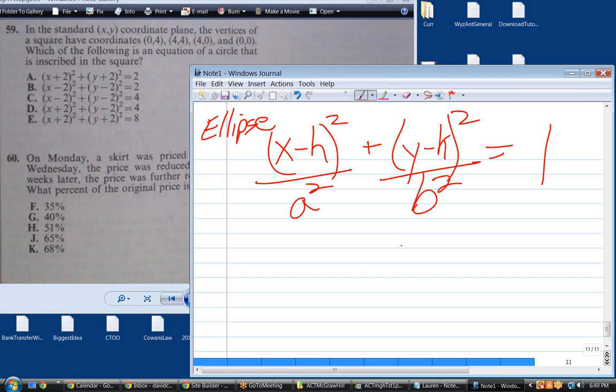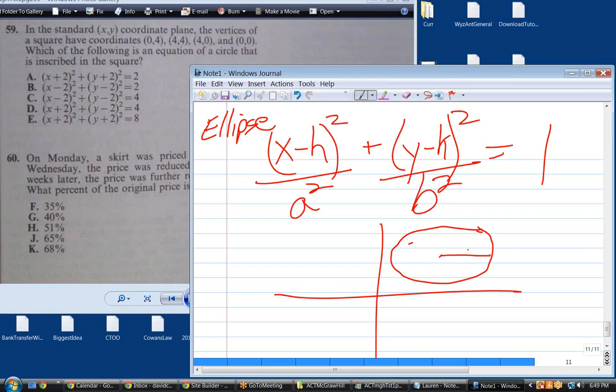Now, what are A and B? First of all, H and K are the center of the ellipse. So if I had an ellipse like this, and that was 2, 2, then H would be 2 and K would be 2. What is A? A is the long radius. B is the short radius, even though they're not called radiuses. That's what I call them. You know what I mean when I say the long radius and the short radius, right?